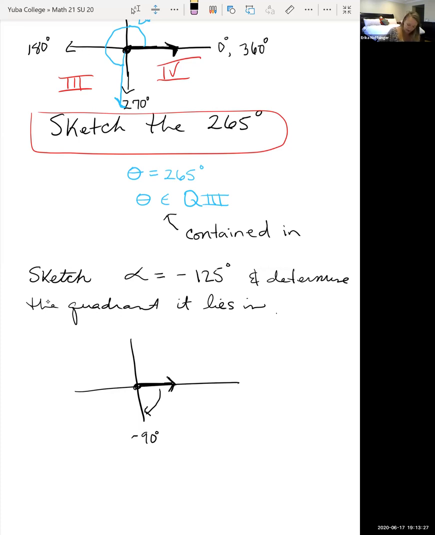Well, this is negative 180 if I'm going clockwise. And so 125 degrees, I think to myself, how much more is that from 90, which is 35 degrees. So I kind of approximate where I think it is.